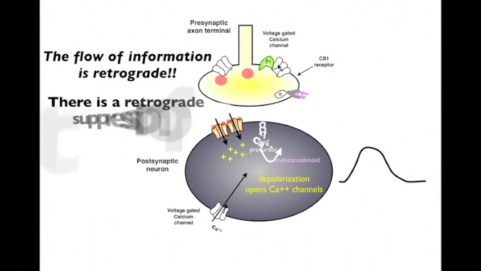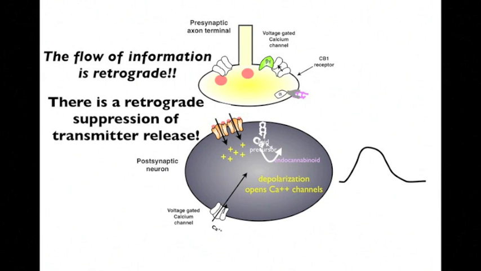The retrograde suppression of presynaptic transmitter release represents a mechanism by which neurons can communicate backwards across synapses to modulate their own inputs and thereby adjust synaptic strength. This retrograde suppression provides a way for the cell to use its own rate of firing to dynamically adjust the weight of the synapses that it receives.